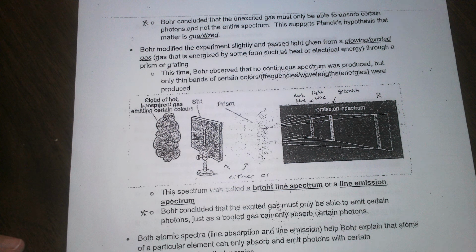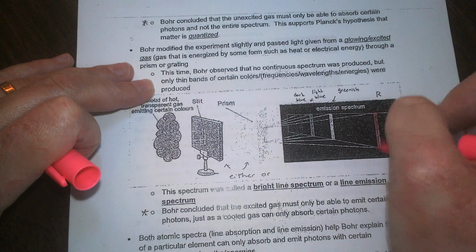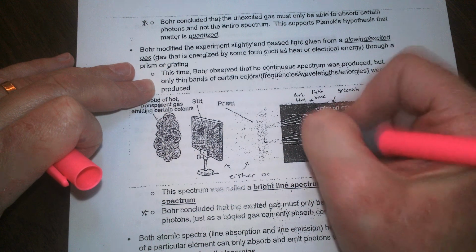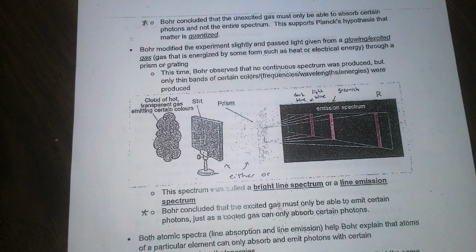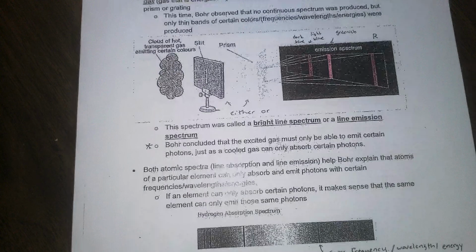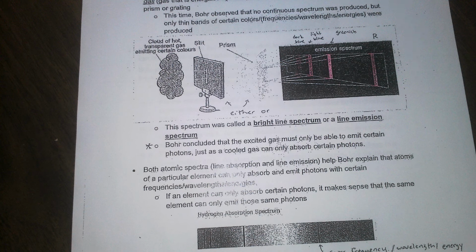So cool gas was dark bands, hot gas, he's starting to see bright bands. Where we saw color with the cool gas, we see blank dark spaces. And we call this bright line spectrum or line emission spectrum.